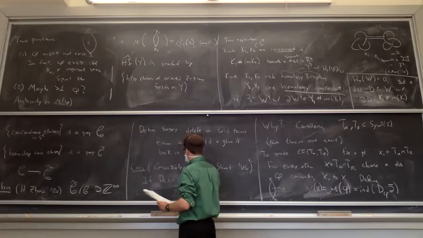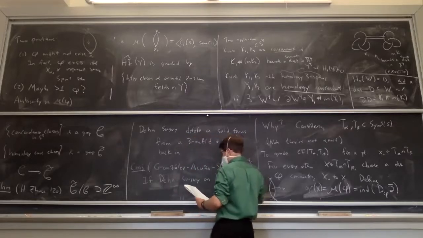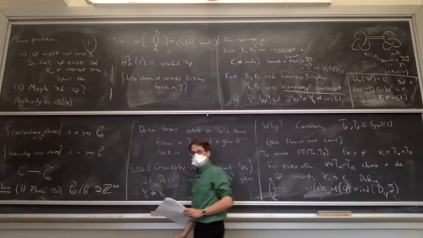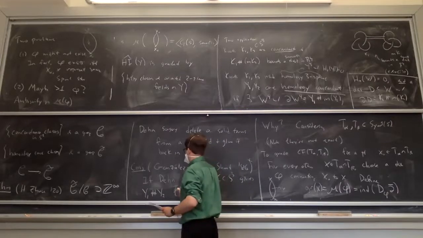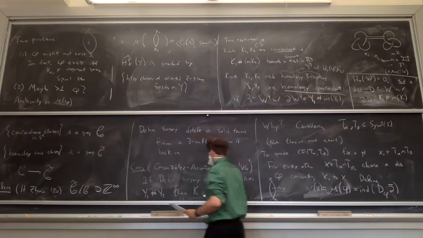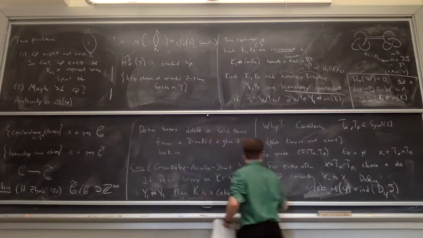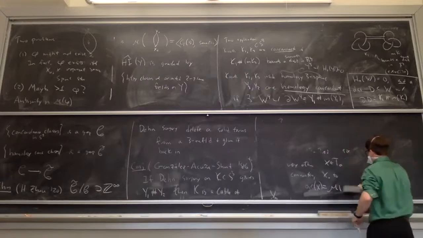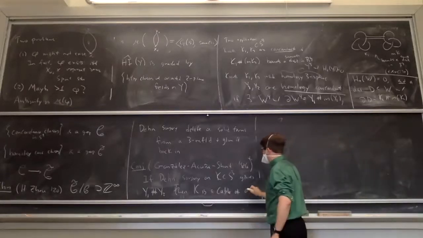If Dehn surgery on K in S3 gives a manifold that decomposes as a connected sum of two others, then K is a cable of another knot.